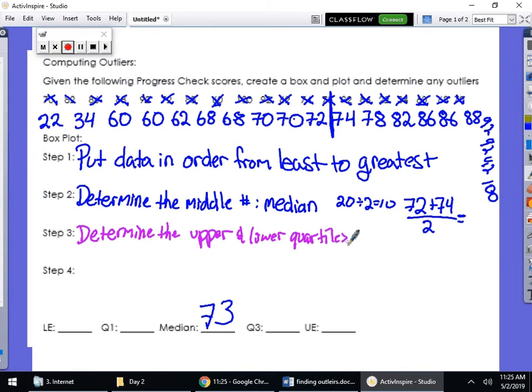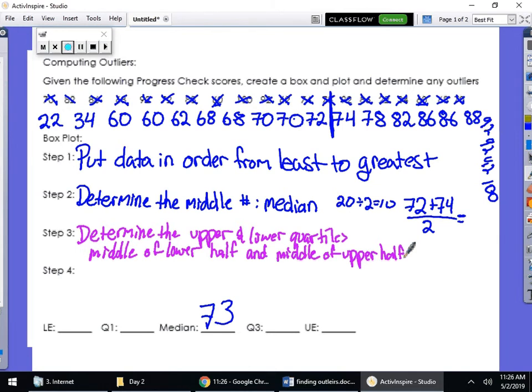That's the middle of the lower half and the middle of the upper half. So we want to find that middle point of the lower half of the data and of the upper half of the data.